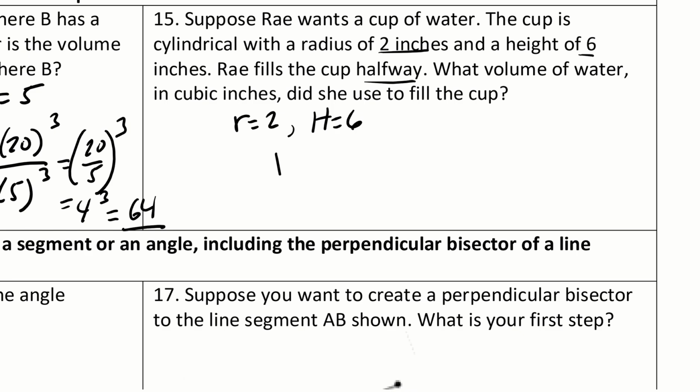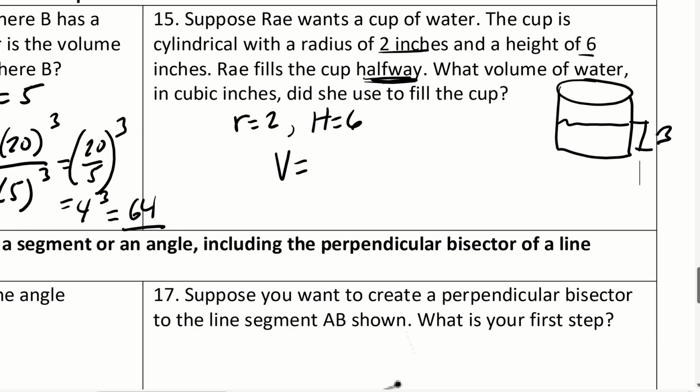So if we're filling the cup halfway, that means that it's filled to a height of 3, right, instead of 6. So in this case, we're going to use a capital height of 6 divided by 2, which is 3. Because all we care about is the water level.